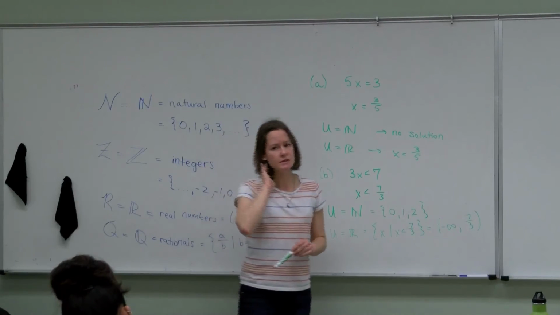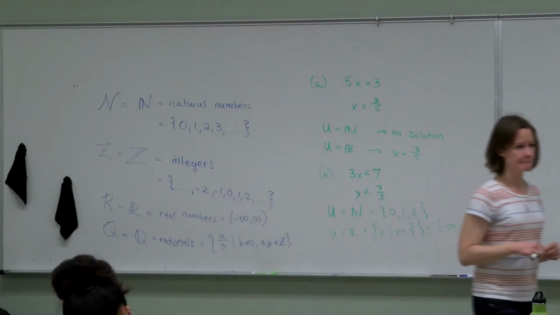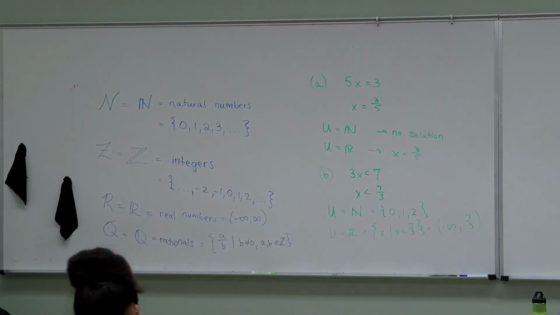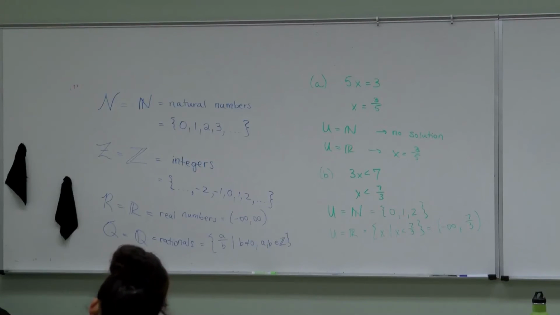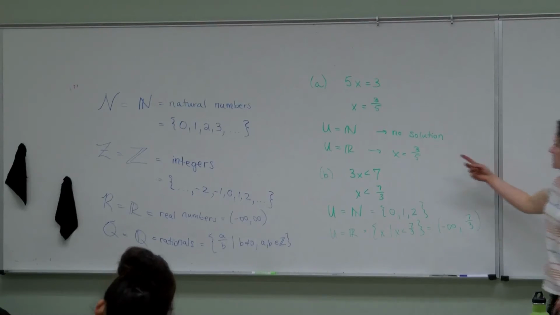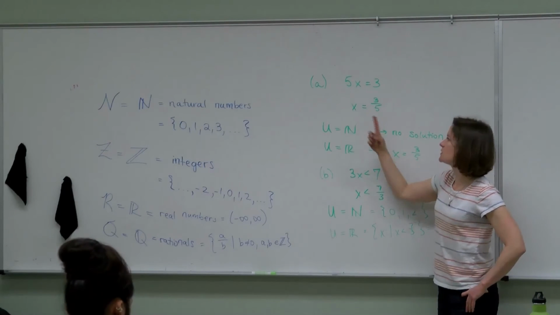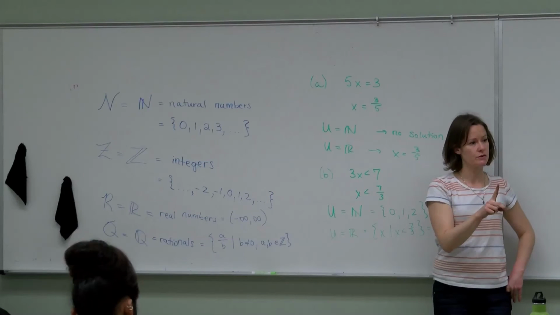Other questions? Compared to part A and part B, with the universe being natural numbers, I can kind of see, but not entirely see why A would be no solution and why we'd actually have a solution for B. Yeah, so the main difference here is that in part A, we've got this equality, right? And since it's a linear equation, there's only one value that makes this true.